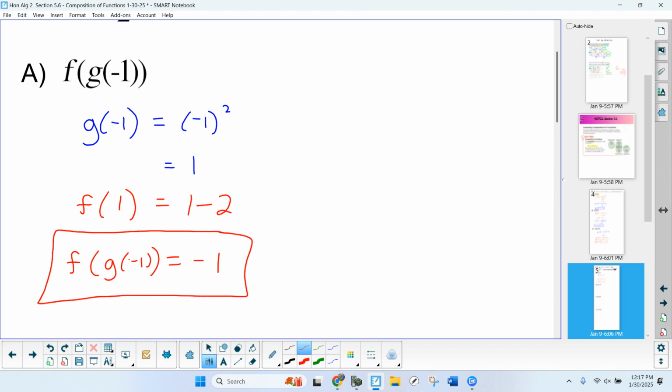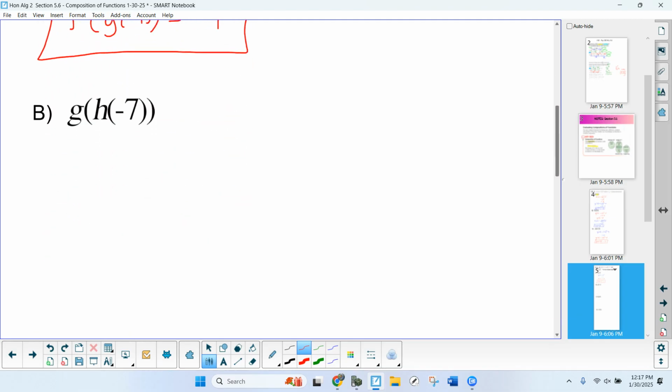Thoughts on that one? Okay, last one, again with those same functions. G of h of negative 7. So now where do we start? H of negative 7. So h was x plus 5 over 2. What's negative 7 plus 5? Negative 2. What's negative 2 over 2? Negative 1.